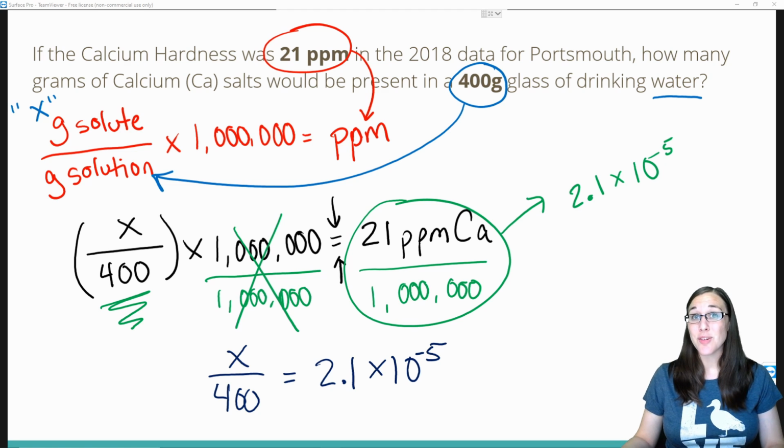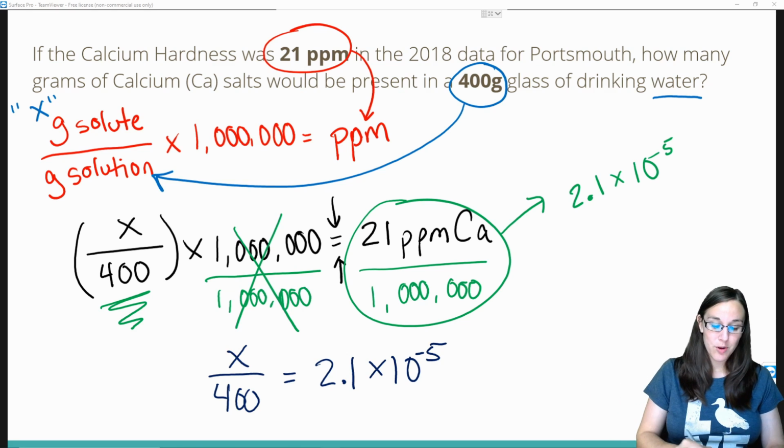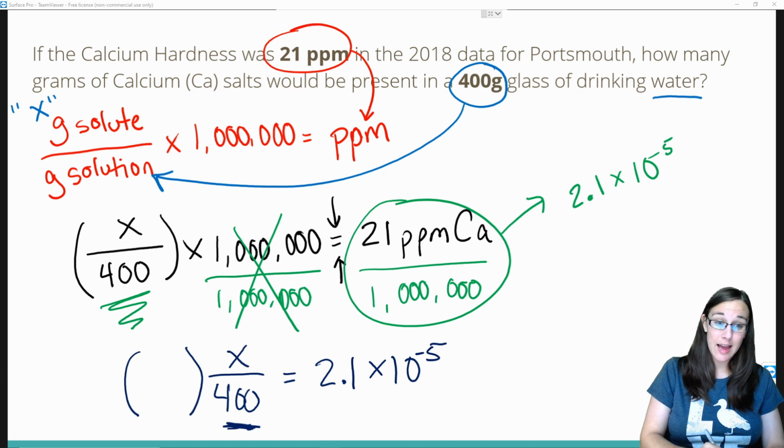Now all we have to do is get X alone. In order to get X isolated, we need to multiply in order to undo the division where the 400 is at the bottom here on both sides. So we're going to multiply this side by 400 over 1.